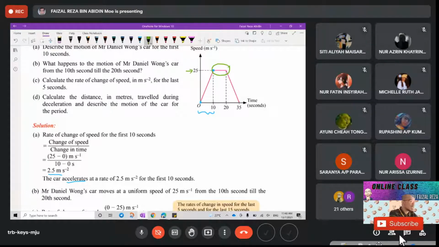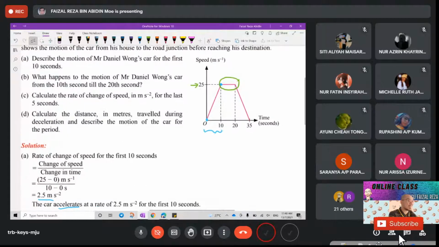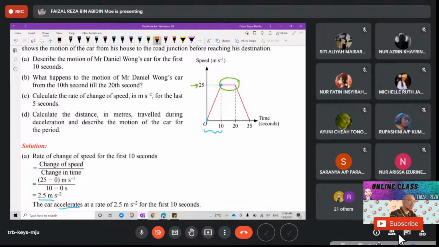Calculate the distance travel in meter during deceleration. Where is deceleration? Just now I mentioned this called acceleration. So deceleration is going to be here, from 20 to 35 seconds over here. This is going to be deceleration.